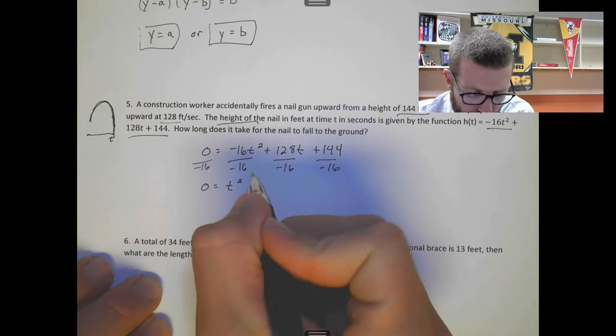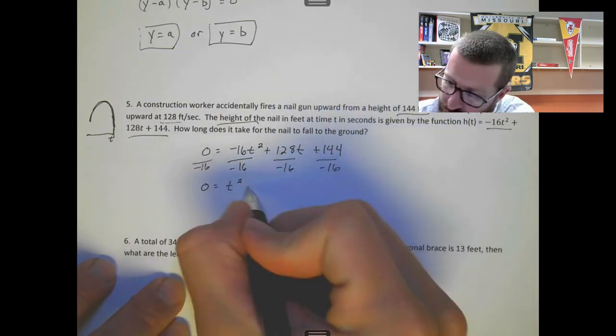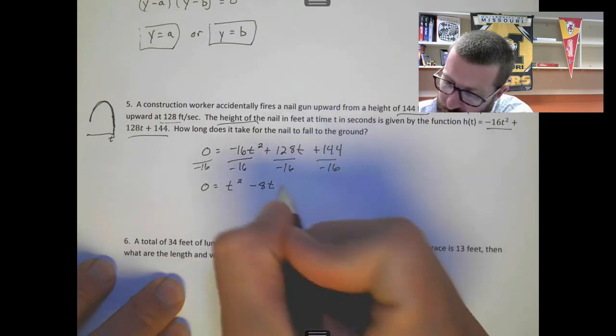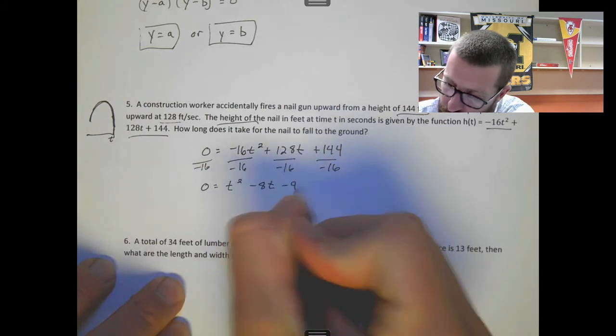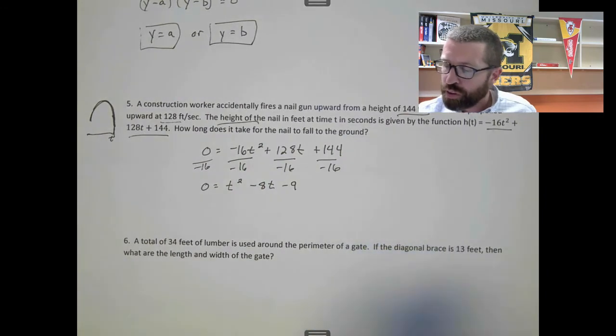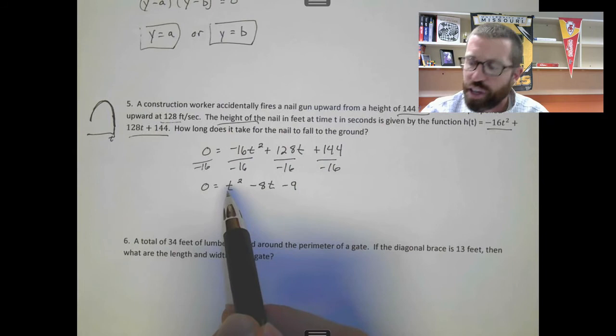And then we get t squared minus 8t minus 9. And the reason we divide by negative is that all our factoring is a little better if the term in front of the squared is positive.